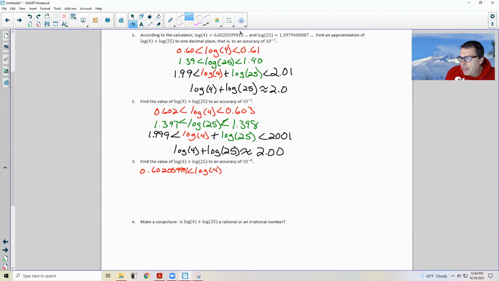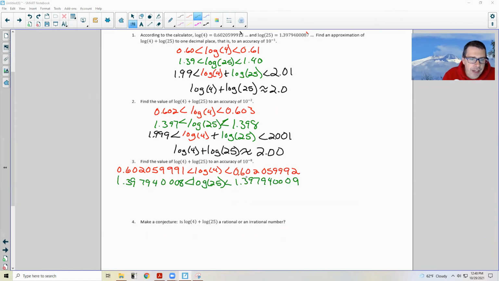Okay, let me just fix that. Just to save time, I wrote them out to 8 decimal places, which I put markers here. And I'm going to do the same with the log of 25. Okay, so that's going to be between.